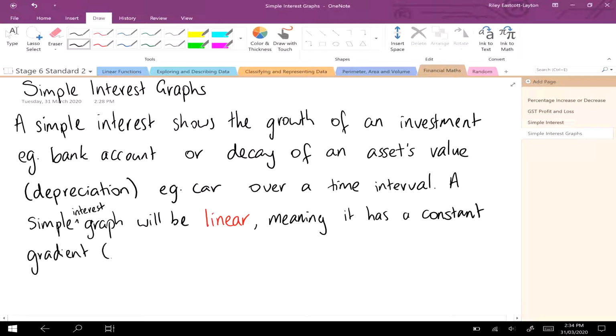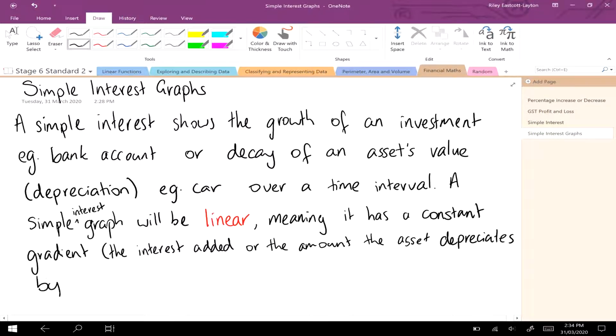And then in brackets we'll say it'd either be the interest added or the amount the asset depreciates by, full stop.